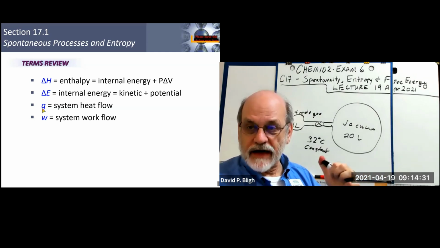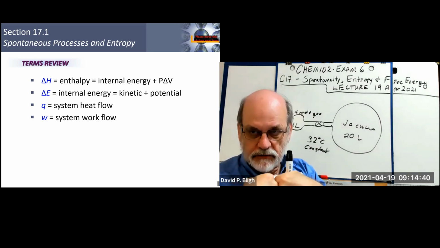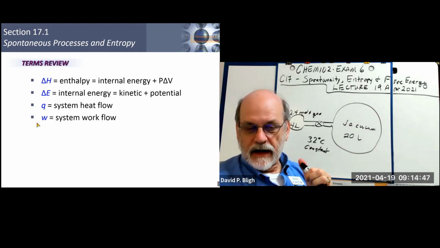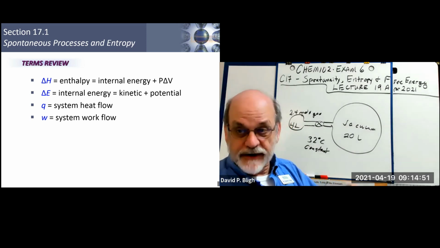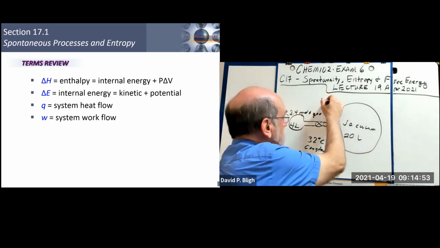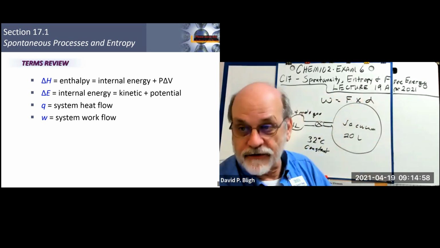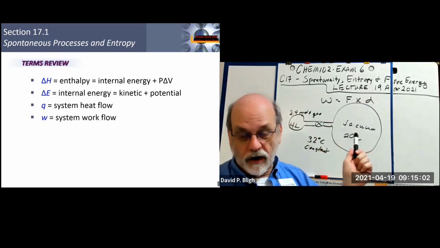And in order to do that, you need a temperature change to occur, because heat won't flow between two connected objects that are at the same temperature. And then what we mean by work is a physical definition. W, work, equals a force applied through a distance. If you don't get a force applied through a distance, you don't have work.